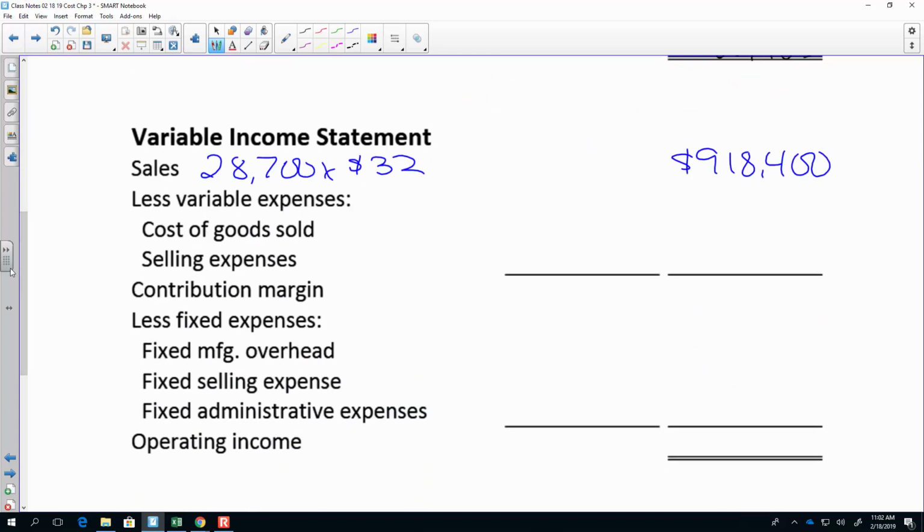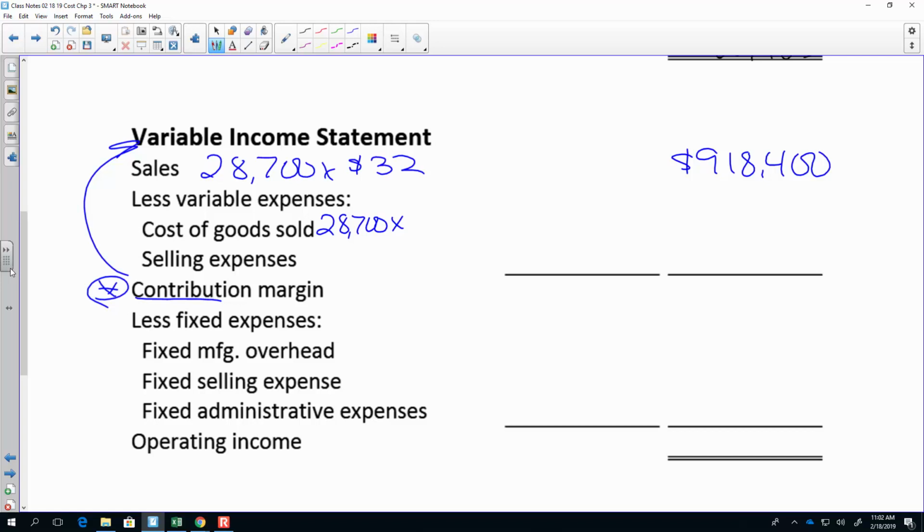Little different format, little different subtotals, especially right here. Instead of gross margin, what's the subtotal now? Contribution margin. Again, this helps to identify that it is a variable statement, that it is a non-GAAP statement, okay? We still have the same 28,700, but what am I multiplying by this time?